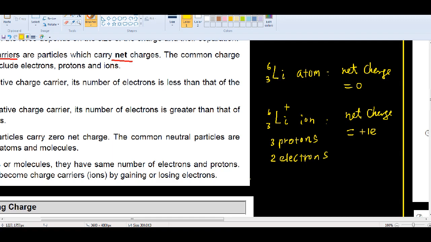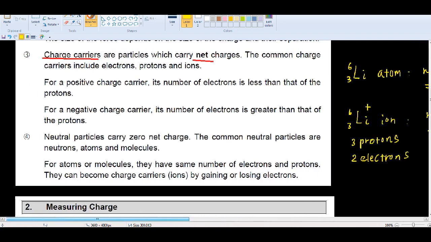Sometimes we are lazy and just say something carries a charge. When we say something carries a charge, normally that means it carries a net charge. If you answer a question, you don't want that kind of confusion, so you should write carry net charge rather than just carry charge.